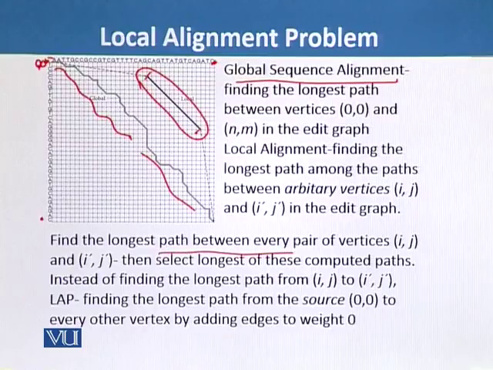So instead of finding the longest path for every vertex i,j to i prime, j prime, the local alignment problem can be reduced to finding the longest path from the source 0,0 to every other vertex by adding edges of weight 0 in the edit graph. We will see the weight 0 in the next slide.